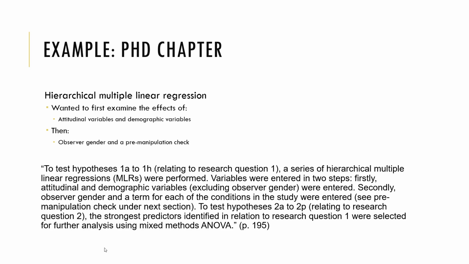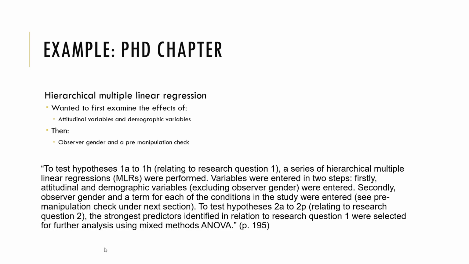So, okay, what did I do? Well, I actually performed a hierarchical multiple linear regression. What I wanted to do was to control for some of the attitudinal variables. In this example, things I believed would have an effect, things like gender-linked social roles, and then demographic variables.